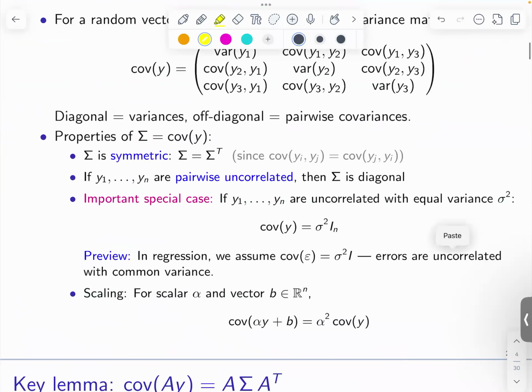The last property is perhaps not very obvious, but it's very useful. What it says is what happens if I multiply y, the random vector here, by a scalar alpha. What do we mean by a scalar?